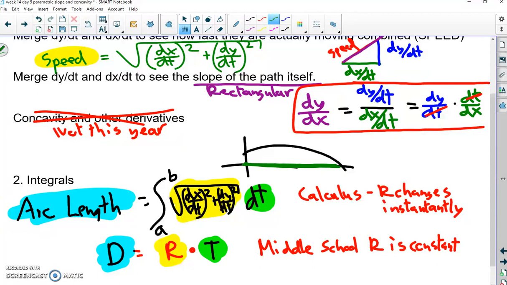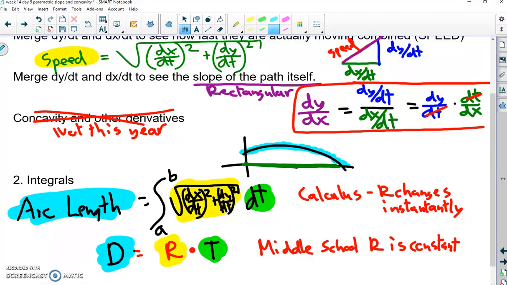I'm not talking about that. When I say arc length, I'm saying how far the ball went on its path. So you can find the length of the bend. You can find the length of that parabola.